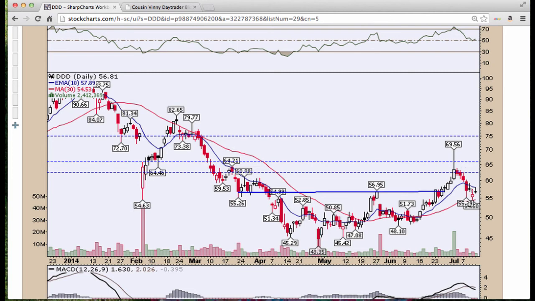Now we're starting to see a box set up, and the 10 period is now above the 30 period, so we're long, and we're looking for prices to move back above the 10 period and continue their venture north. So with the box trade set up, look for a visual edge going into your trading week.